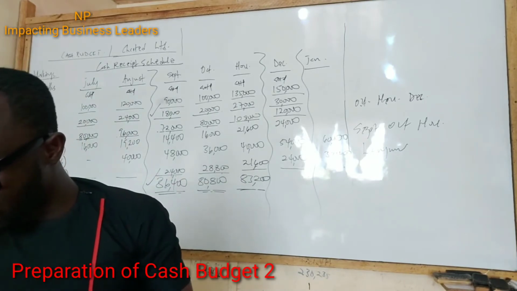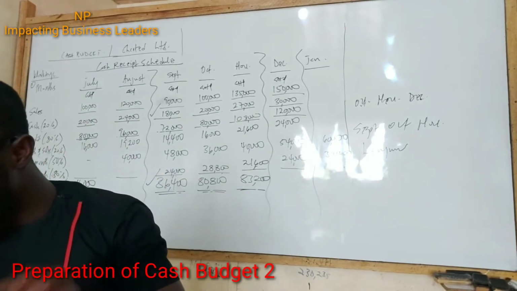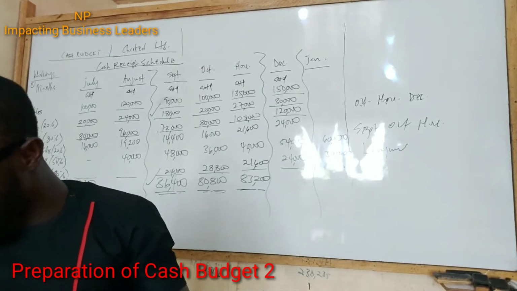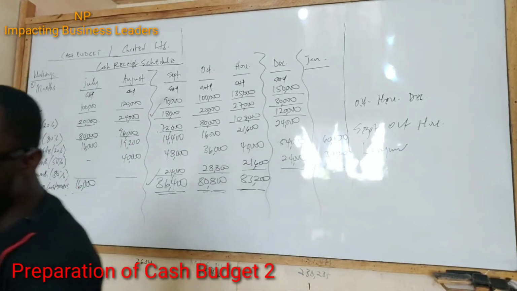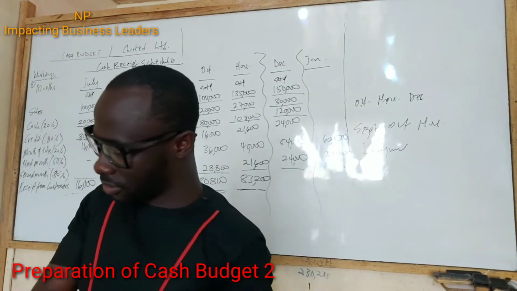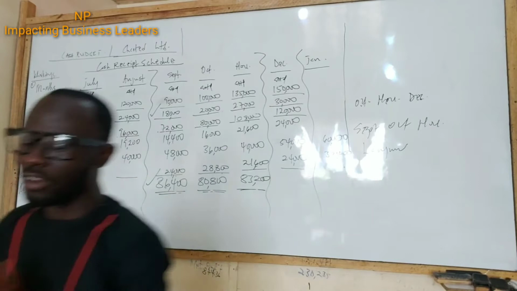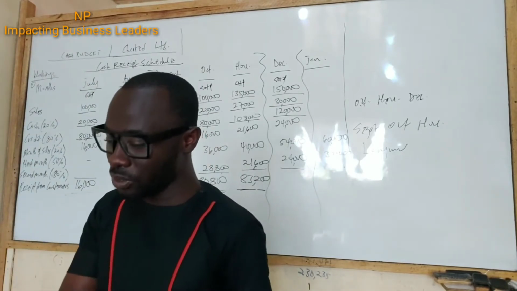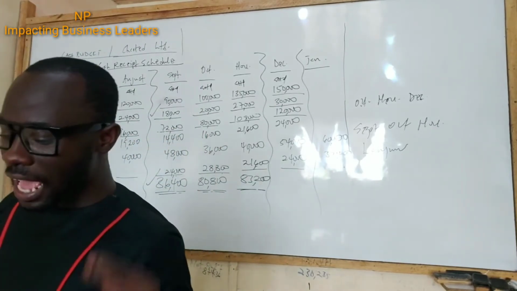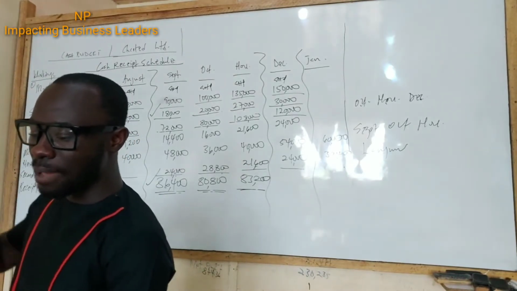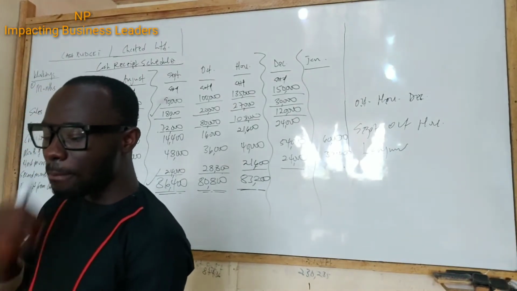The question tells us: the company has a policy that the cost of sales for each month is 75% of the month's sales. So he has also told us how the cost of sales should be computed.